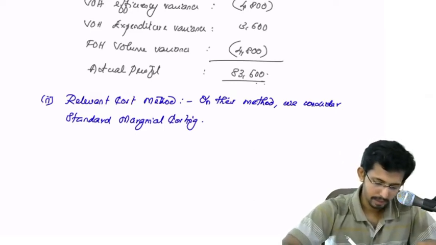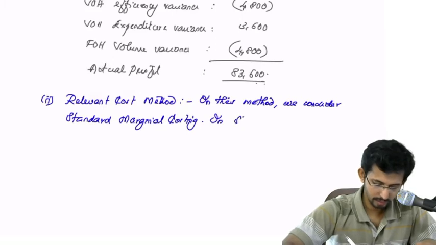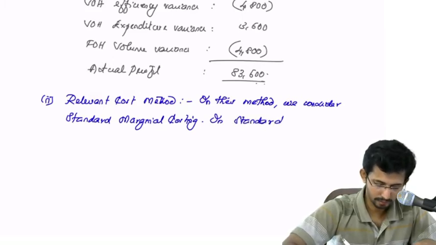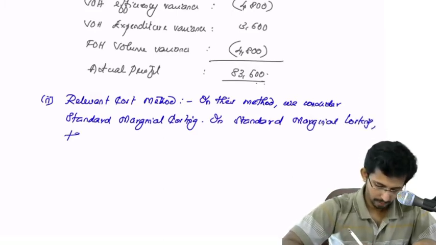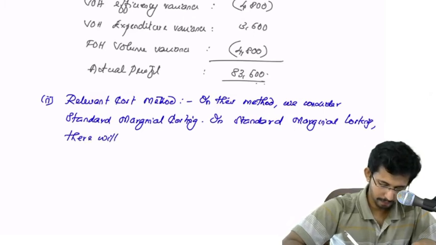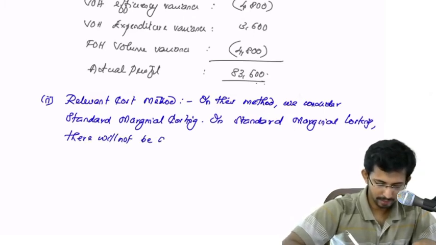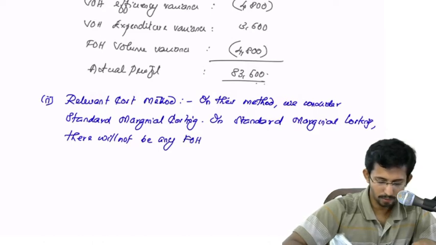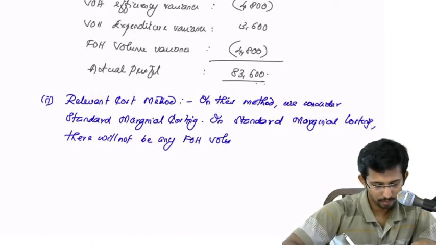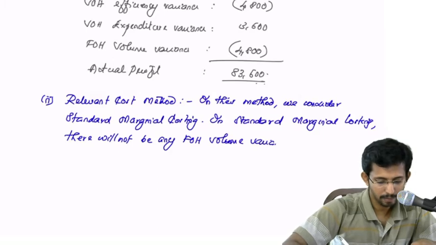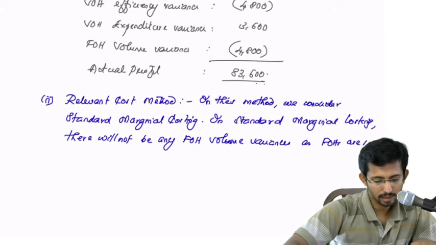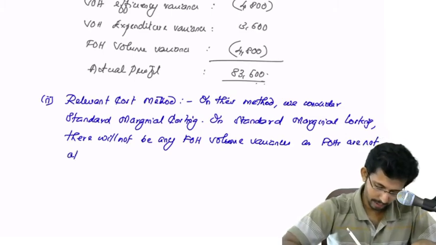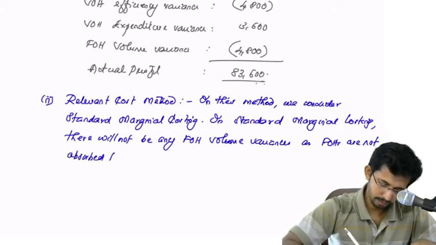In standard marginal costing there will not be any fixed overhead volume variances, as fixed overheads are not absorbed into the cost objects.